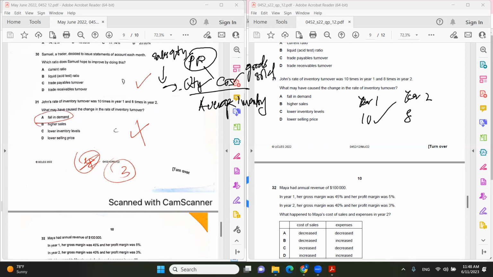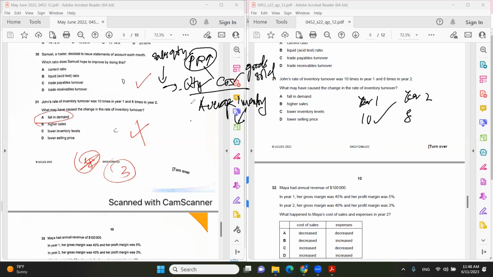When your purchase price increases, the turnover will increase, because in the formula cost of sales is on top, so by right it should increase. Whereas average inventory refers to the holding level.